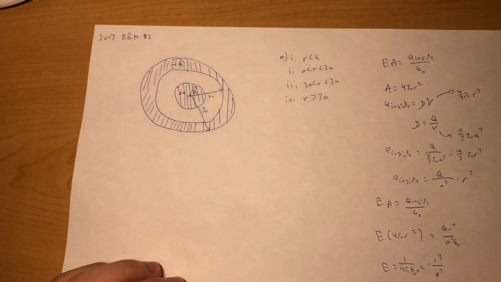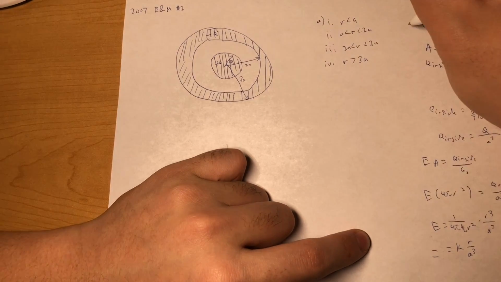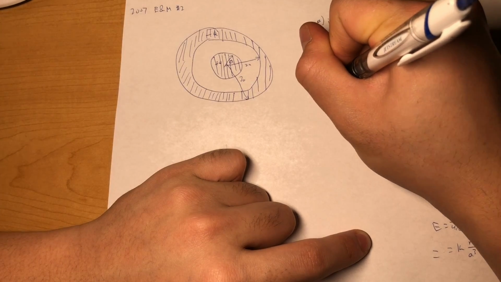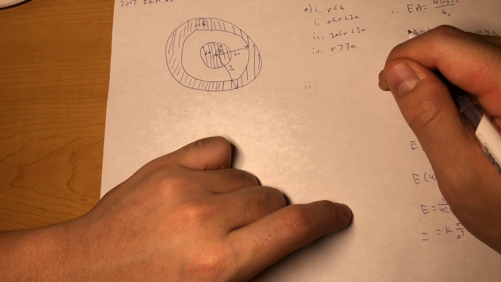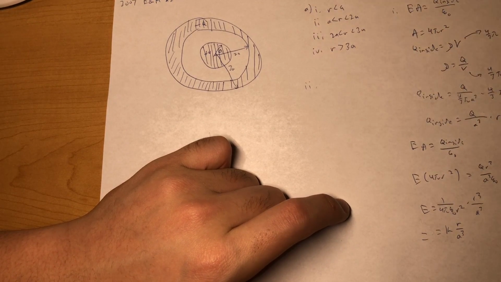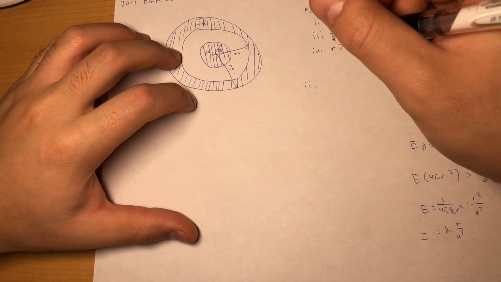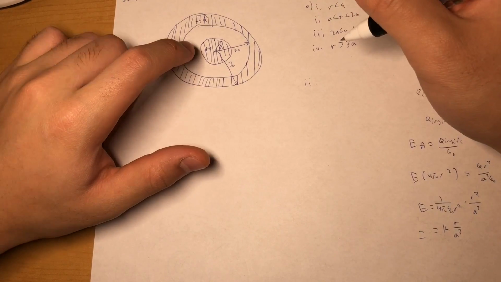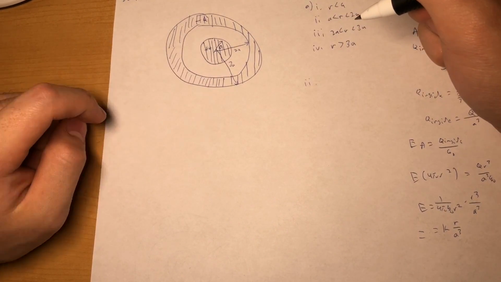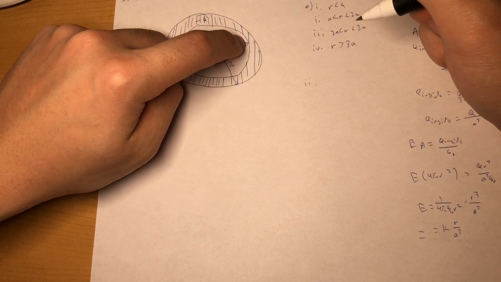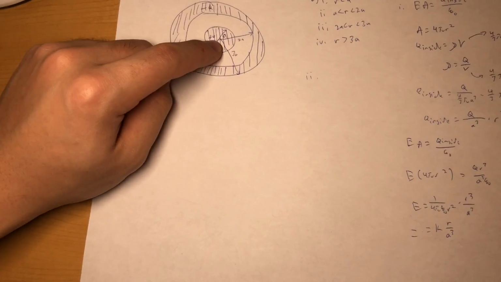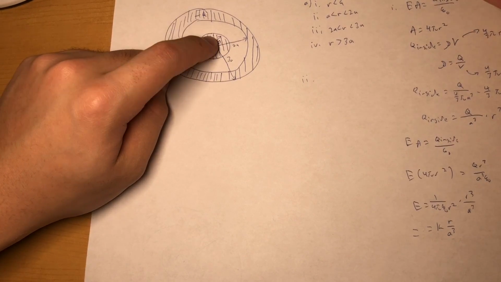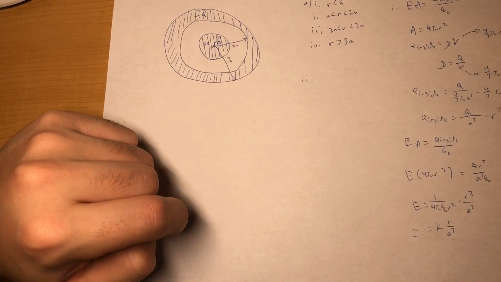So part 2 now, I'm just going to go to the side here, deals with the area between a and 2a. For part 2, the charge is here, and the radius is going to be in this region right here. Because of that, you can treat this middle part as a point charge, or just Q as normal.